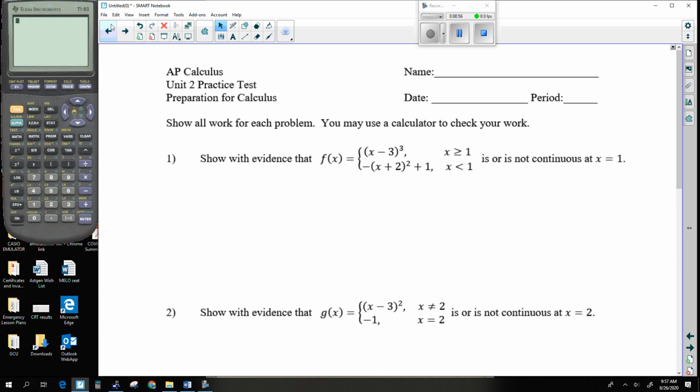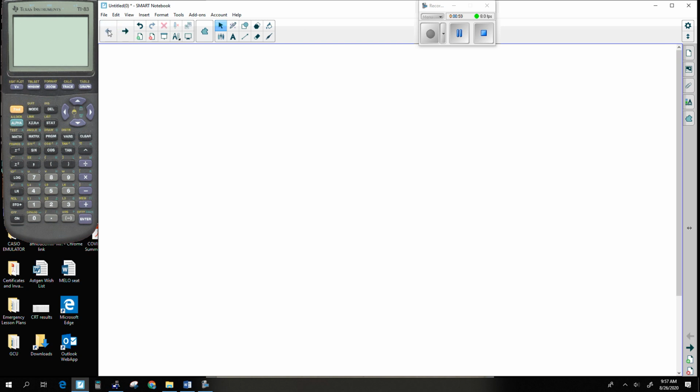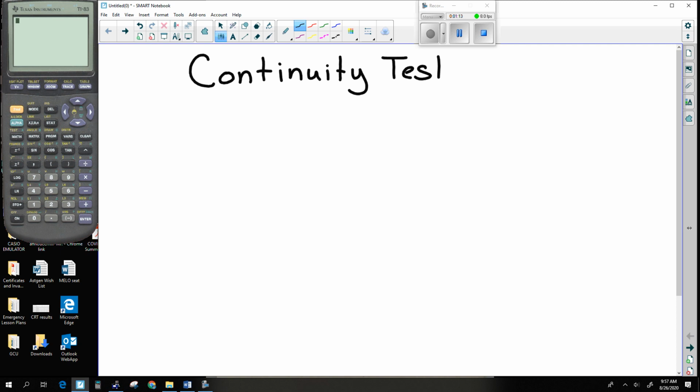So before I actually get to this, let me remind you of the continuity test itself. What is the continuity test? How do you tell if something is continuous? It's broken down into three major pieces.